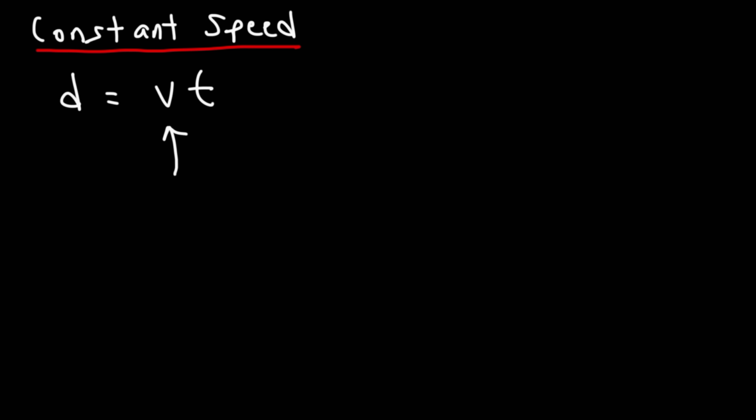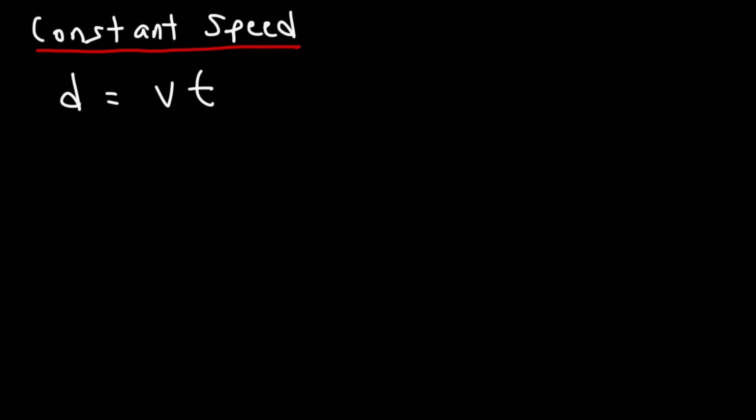V, you could use speed or velocity. It's going to work if you're dealing with constant speed. But understand this though. If you're using V as speed, then D is going to be the distance. If you're using V with reference to velocity, D is going to represent the displacement.